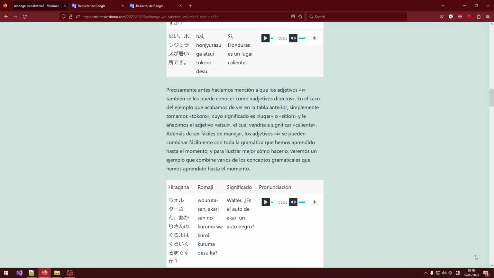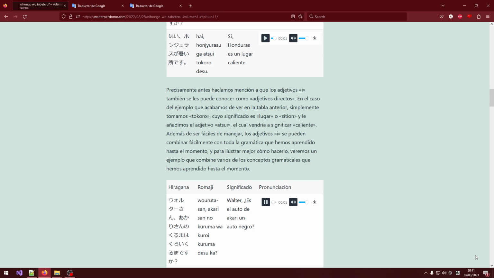Remember, the particle no is used to let someone know something is possessed. So Akari-san no kuruma would be the car of Akari.